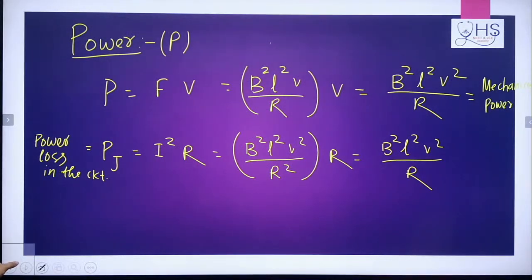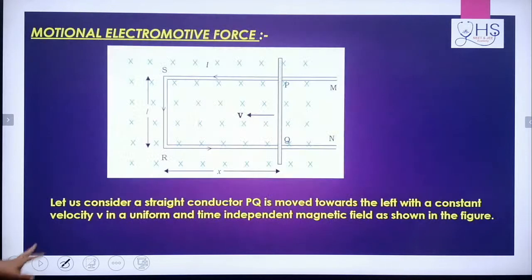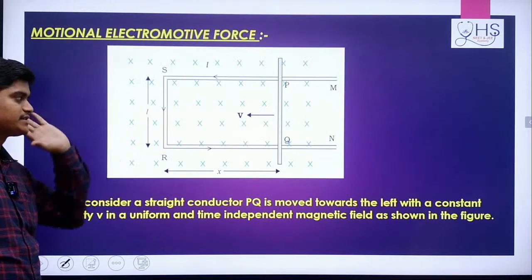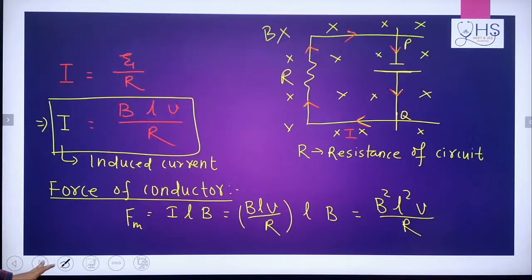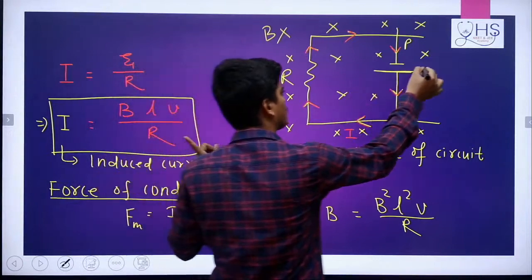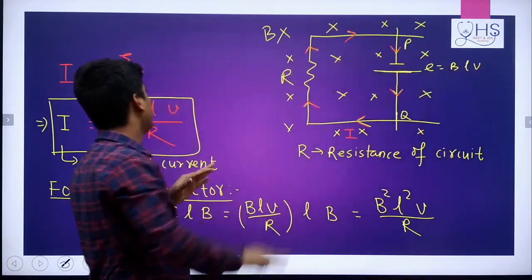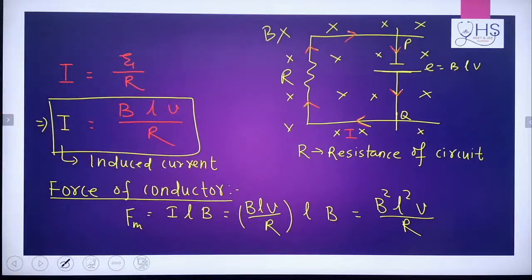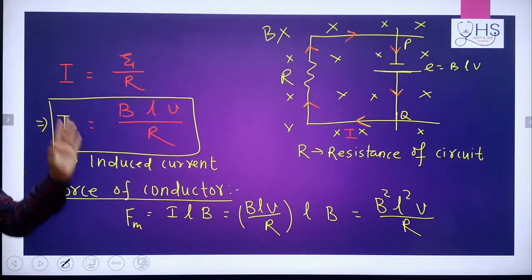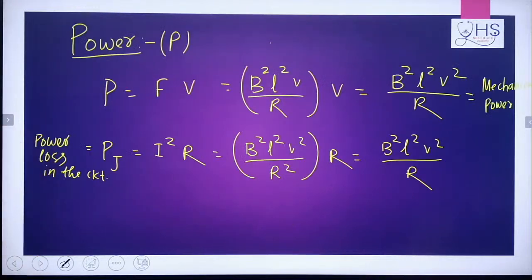So if a conductor is moving in a uniform magnetic field, then it is behaving like a cell, and its EMF is BLV. If a circuit is connected with resistance R, your current is BLV by R. Then you find the force, and now you are also finding power. I hope this topic is clear.